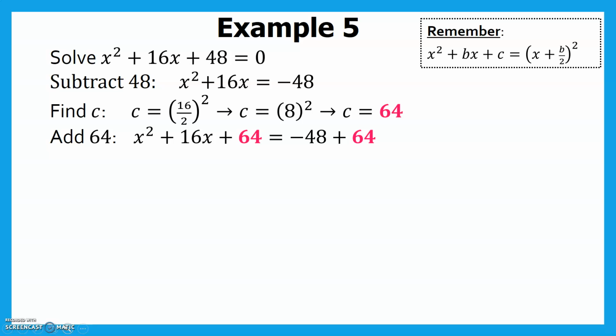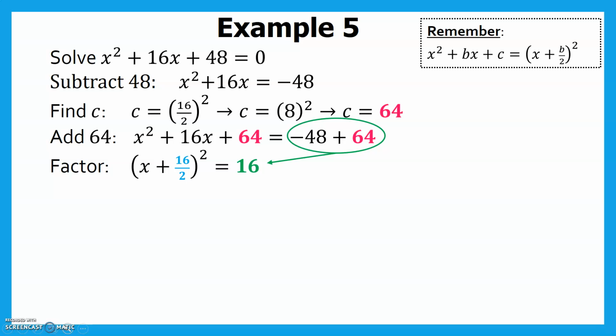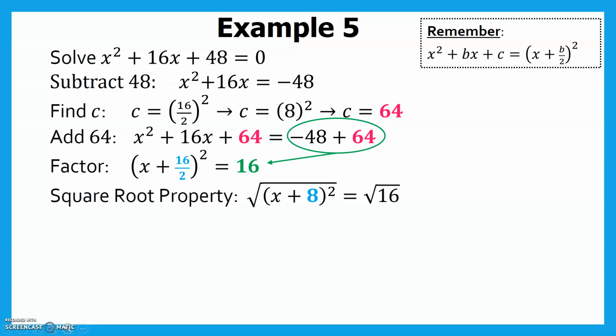I apply my factor fact from the upper right hand corner to factor that into x plus 16 over 2 squared equals 16. Remember, the 16 just came from negative 48 plus 64. I use the square root property to take the square root of both sides, and I change that 16 over 2 to 8 because that's what it is.